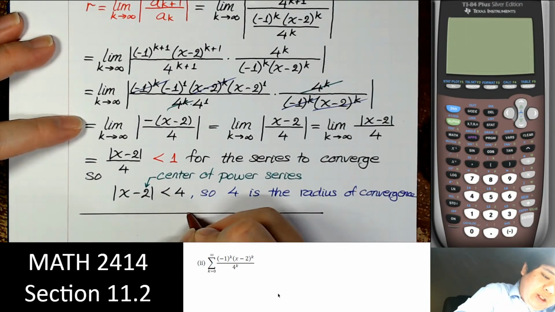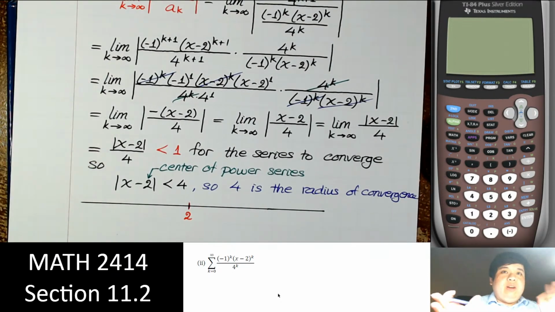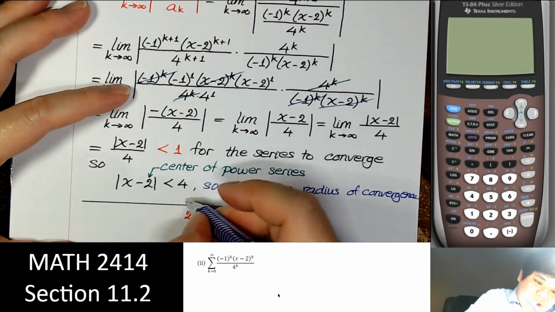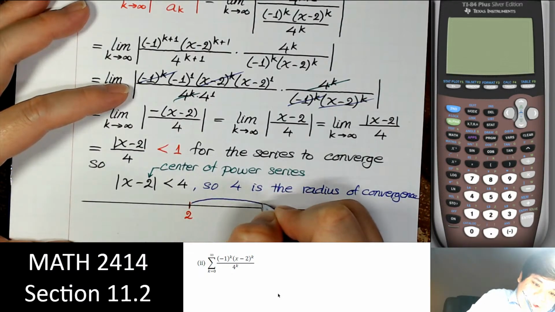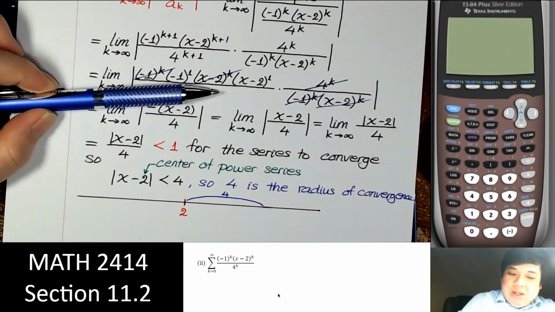We have 2 at the center. If we go 4 units on one side and 4 units to the other side, that has to be 6, right?